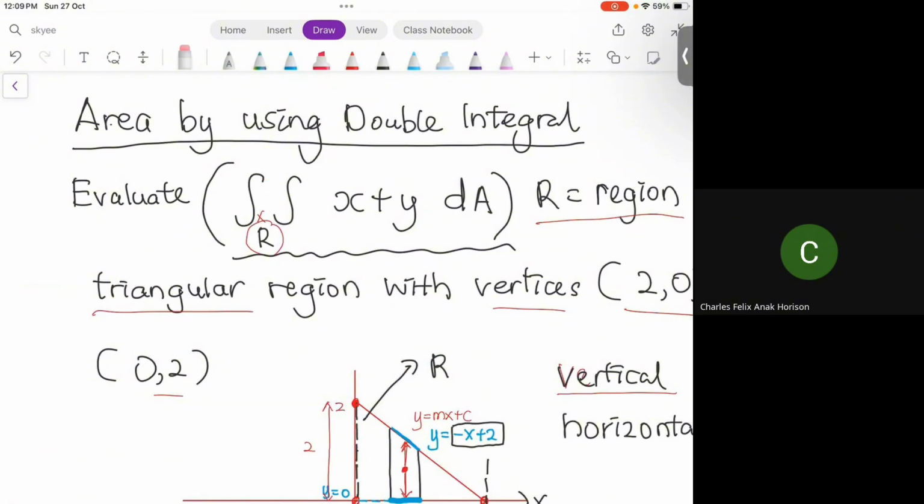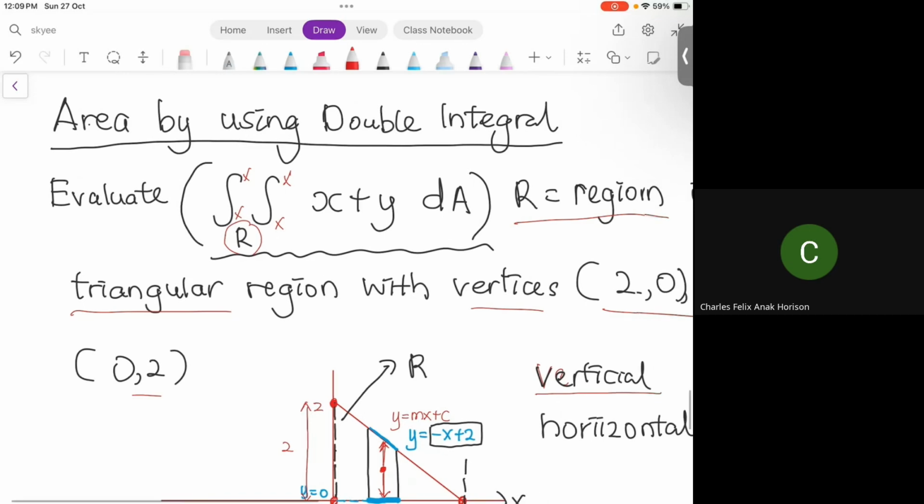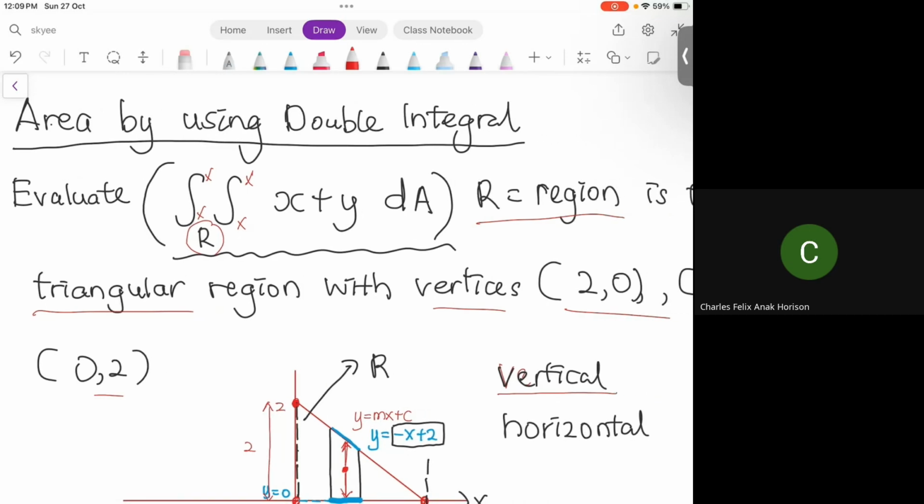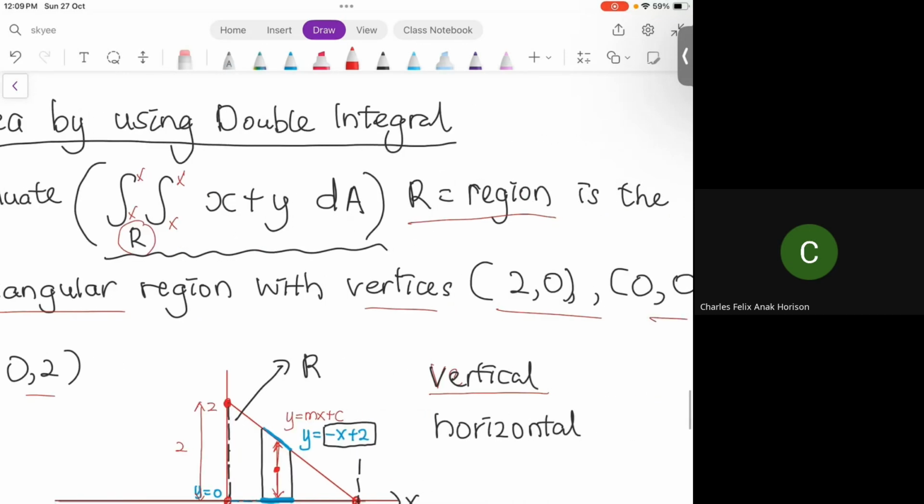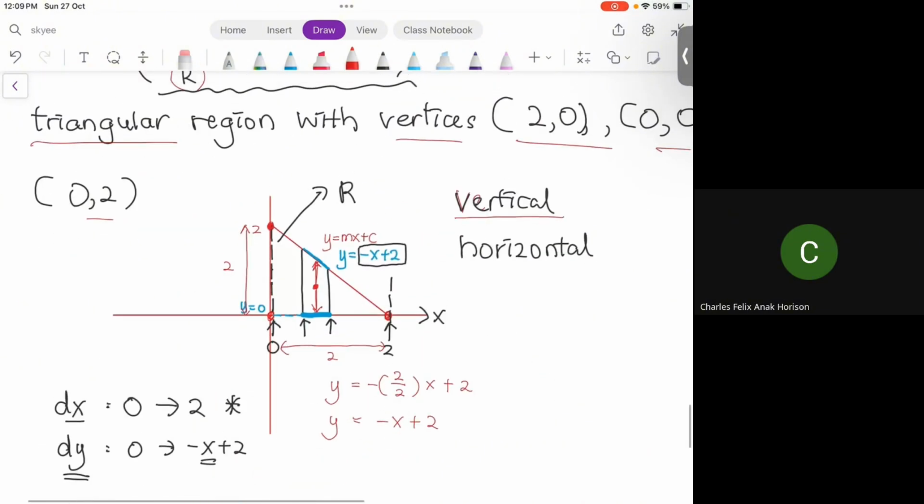You see, here I don't have the value of my double integral. I need to define it. The question just tells me that the interval is actually covered by a region of triangle with vertices of these 3 points. So I plot these 3 points, I form a triangle.